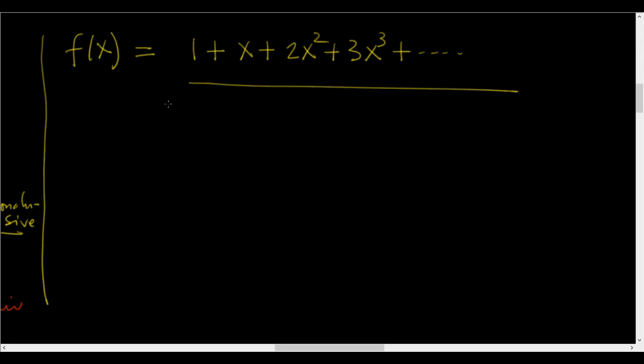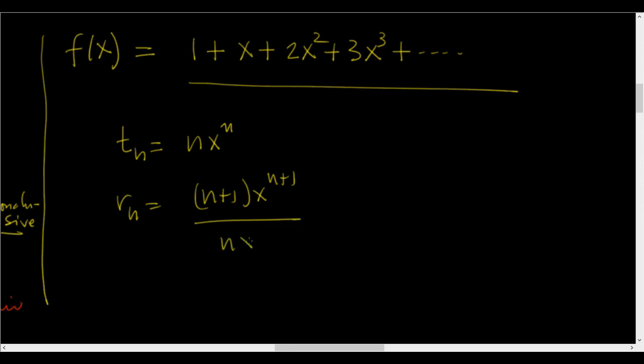So now I have Tn is equal to n x to the power n. Rn is equal to (n plus 1) x to the power n plus 1 over n x to the power n, which is equal to 1 plus 1 by n times x. And then as I take the limit n goes to infinity of Rn, I simply get x.